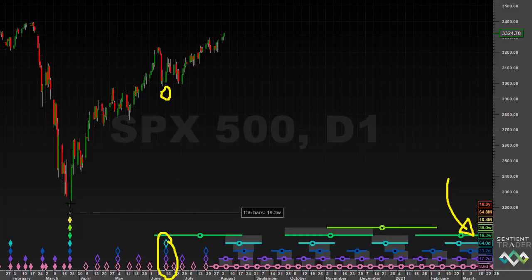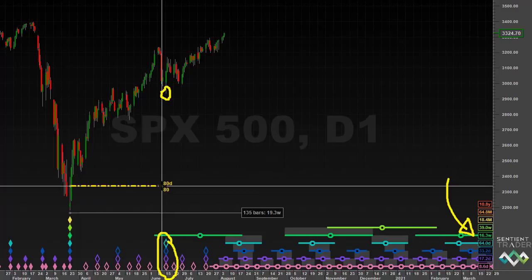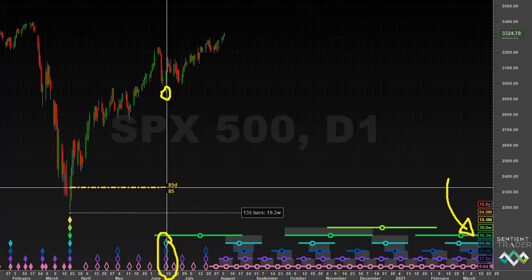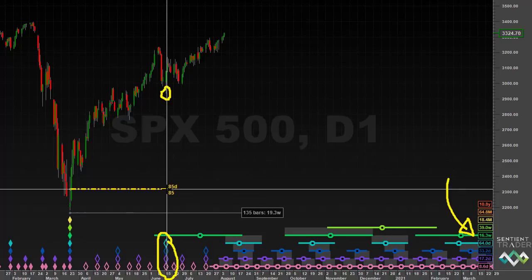Now, if we measure the number of days from the 23rd of March until that 80-day cycle trough, we can see that there were, in fact, 84 days that elapsed from that March trough until the clear formation of what could be assumed to be an 80-day cycle trough. So why is that? I've just mentioned that an 80-day cycle averages 68 days in length.